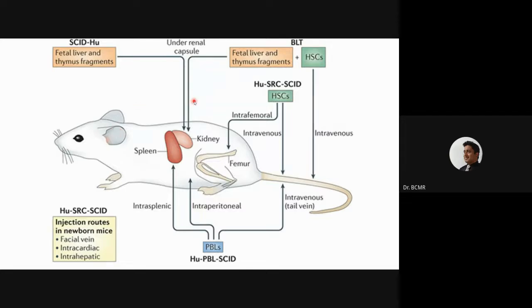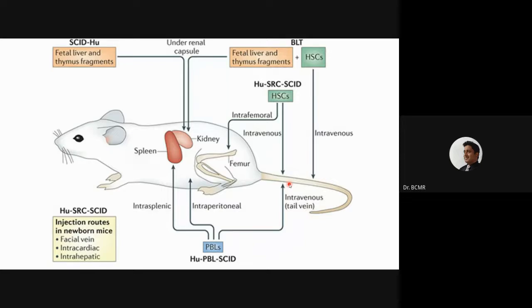Similarly, there are several types of tissues, say fetal and thymus fragments, which you can put under the renal capsule. PBL, that is peripheral blood lymphocytes, can be put in the spleen, etc. The tail vein is also used sometimes. So it depends on what tissue, and then they place these cells in that particular site.